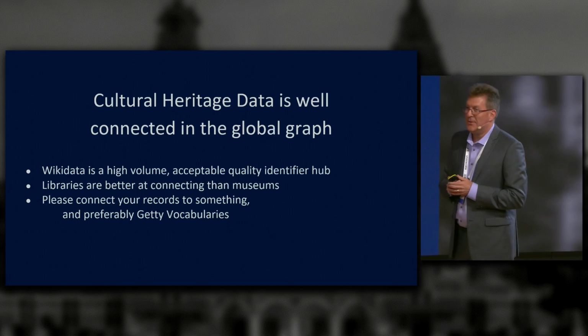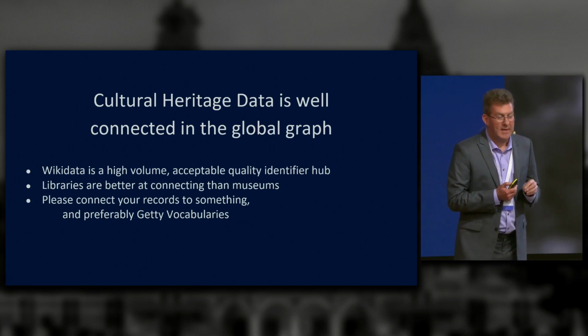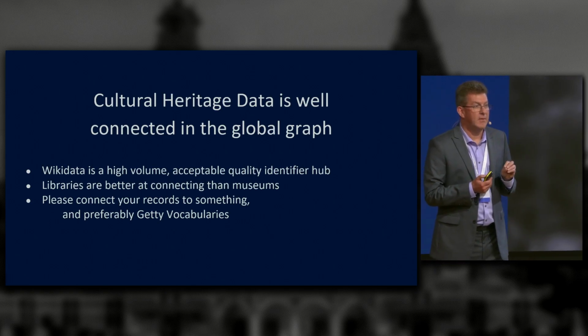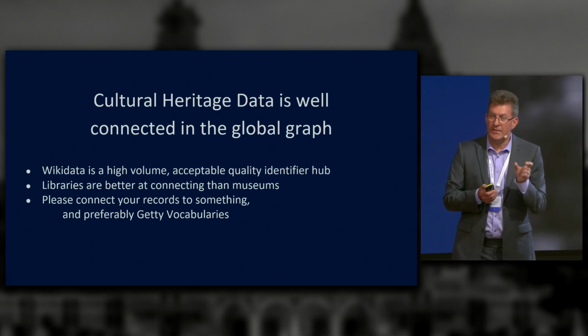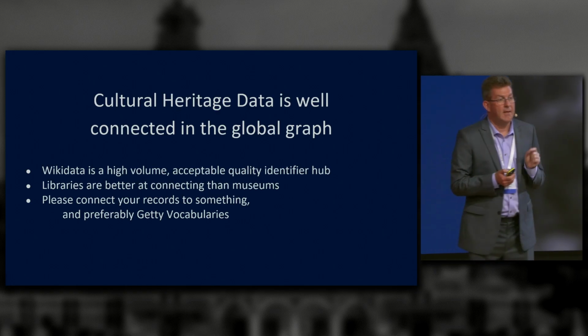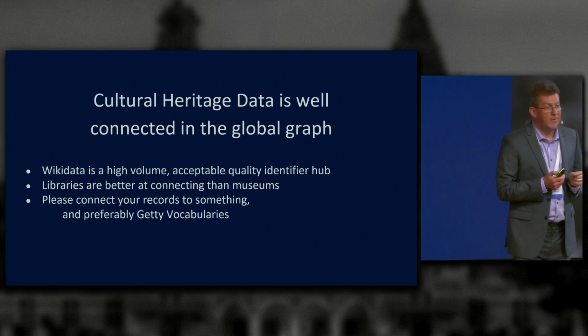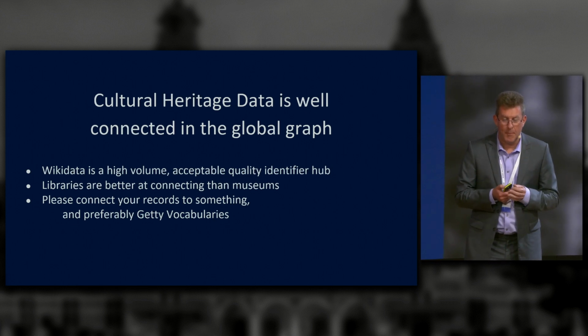So here's a slightly challenging one. The libraries, at least before Lux at Yale, seem to be better at connecting their data than the museums, right? The museums used ULAN and AAT, but they didn't have the URIs. They just used the string. Whereas, at least in our library, they had direct URI references for LCSH and the Library of Congress Name Authority file.